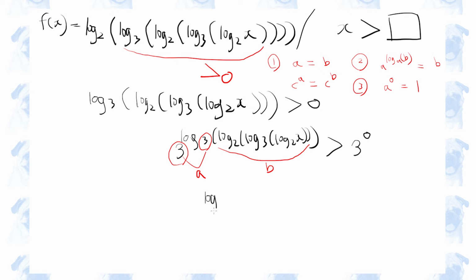So now we have log base 2 of log base 3 of log base 2 of x, greater than 1. And any number raised to the power of 0 is 1. We iterate this process over and over again until we have only x on the left hand side.